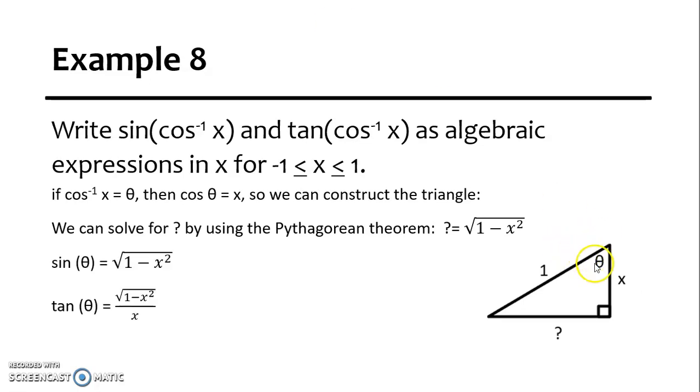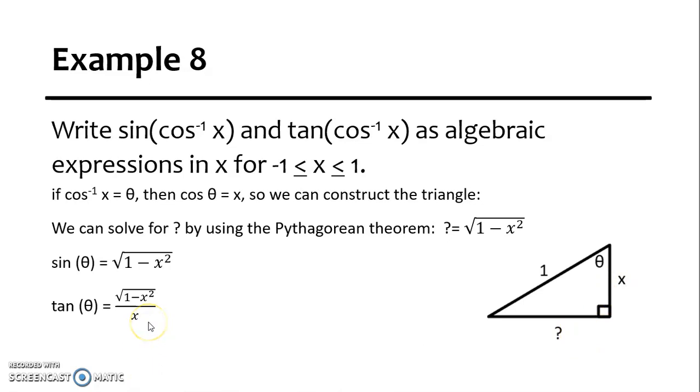Okay, so sine theta is opposite over hypotenuse, and this opposite side was this square root, so it's this over 1. So I just wrote it as the square root of 1 minus x squared. And tangent is opposite over adjacent. So it's the square root of 1 minus x squared over x.